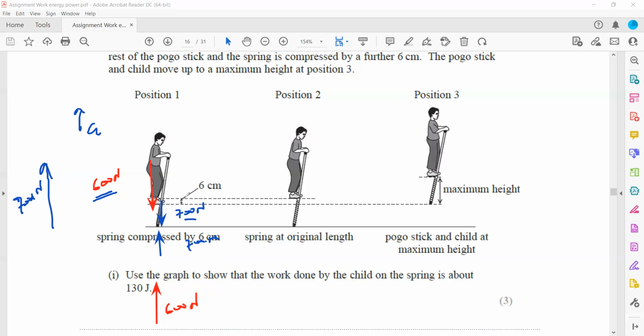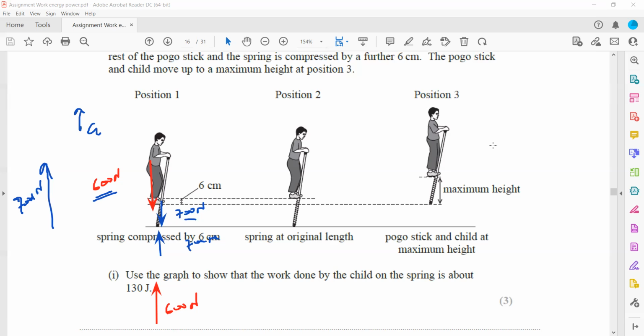Because weight is already 600 plus he is pushing the ground, for example with a force of 100, so the total downward force will be 700. So if the total downward is 700, the total upward will also be 700. And this upward 700 is more than the weight, the gravitational pull of the earth. That's why it will create a resultant force and cause an acceleration.